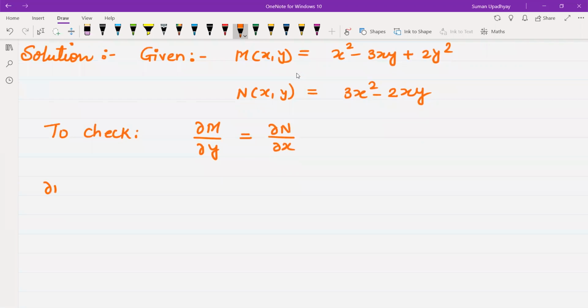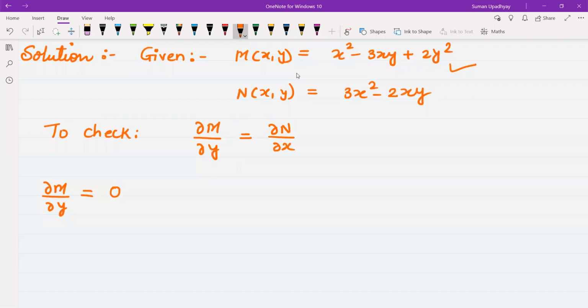I'm differentiating M partially with respect to y, which means I have to treat the other variable as constant. Here is your M. Differentiate this M with respect to y and treat x as constant. What will be the differentiation of x squared with respect to y? 0. Why? Because we are differentiating with respect to y, so x squared will be treated as constant, and the derivative of a constant is 0.